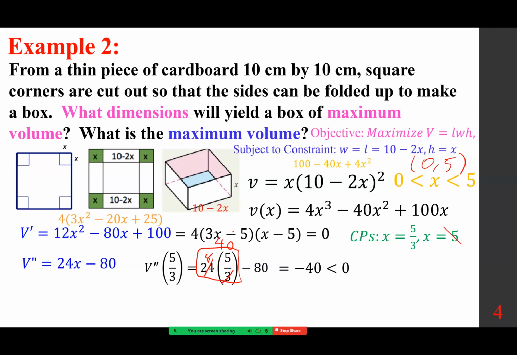Negative means concave down, and concave down means maximum. Remember, concave down looks like this. Concave down means maximum. So that means x is 5/3. The width and the length are 10 minus 2 times that.